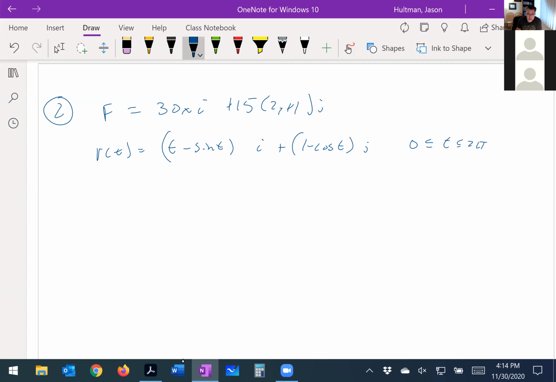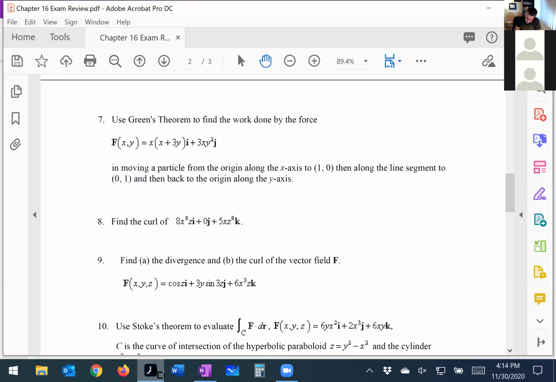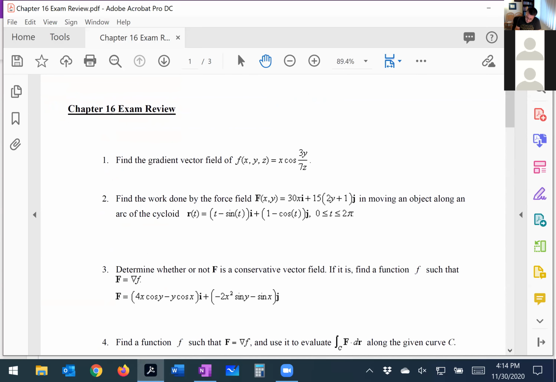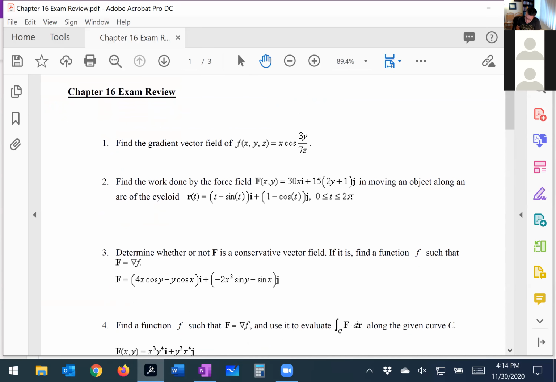They want to find the work done moving an object along this. So this is F dot dr.